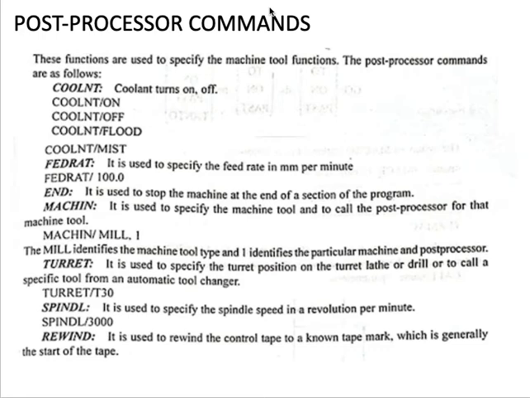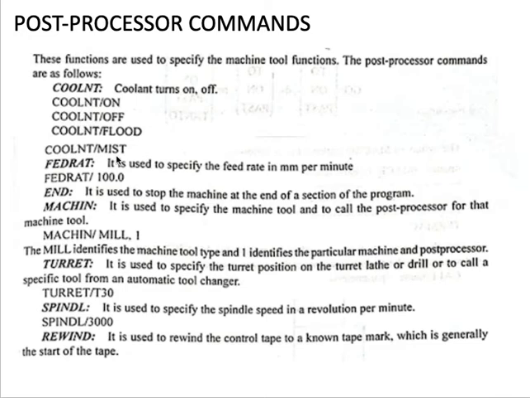In post processing commands, these functions are used to specify the machine tool functions. The post process commands are COOLNT, that is coolant turns on or off, COOLNT/ON, or COOLNT/OFF, and even COOLNT/FLOOD, and another is COOLNT/MIST.